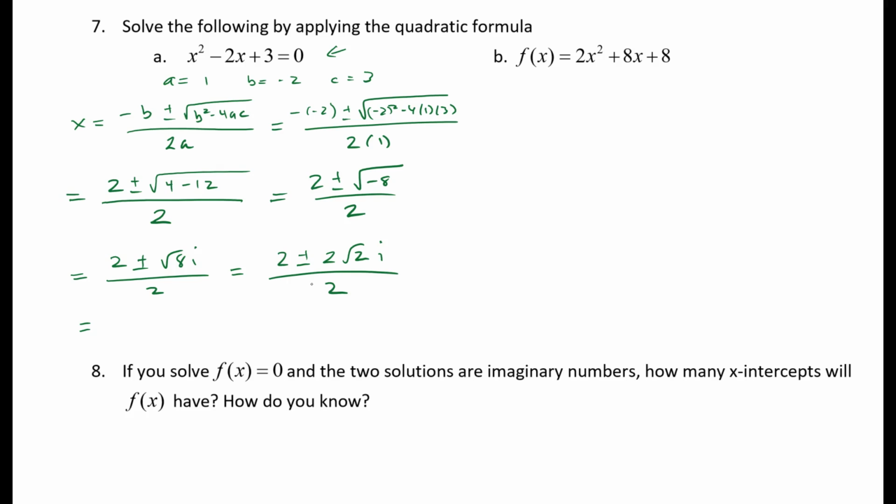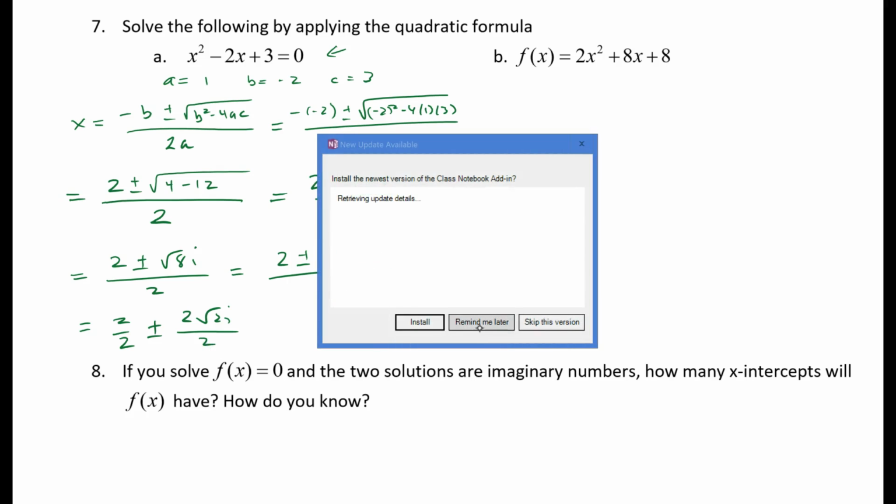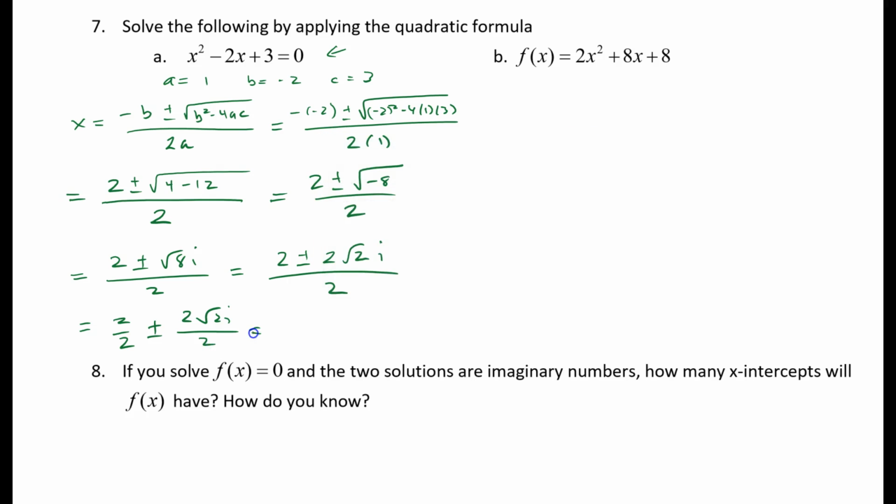And then we can just distribute this 2 here. 2 divided by 2 plus or minus 2 square roots of 2 i all over 2. Which is going to give us 1 plus or minus root 2 i. And I'm going to rewrite that to make sure that it's clear that the i is outside of the root 2. And that would be the answer.